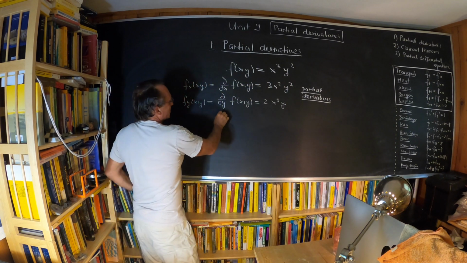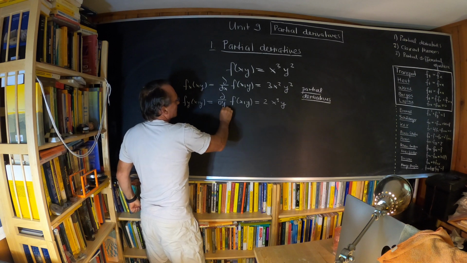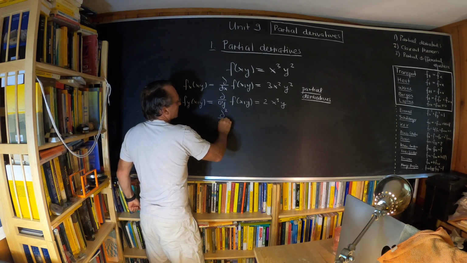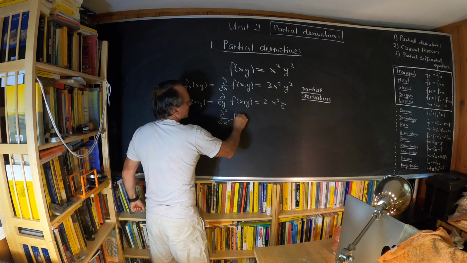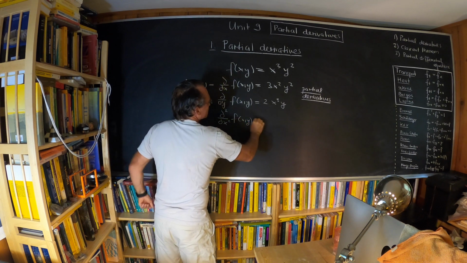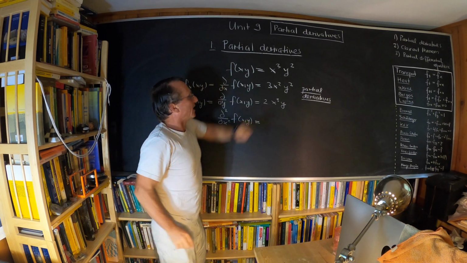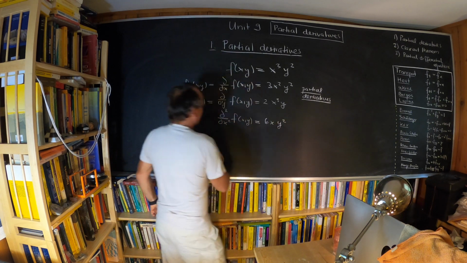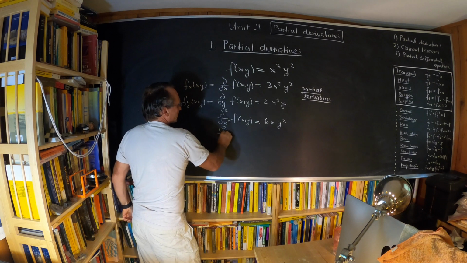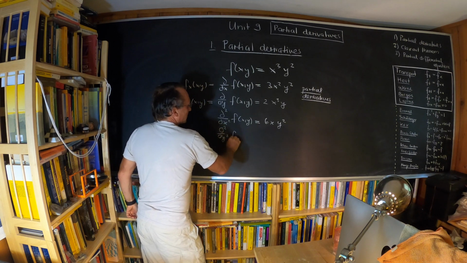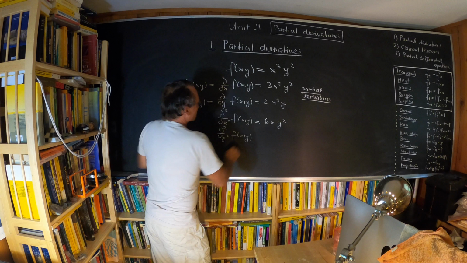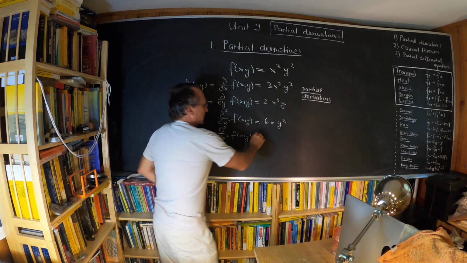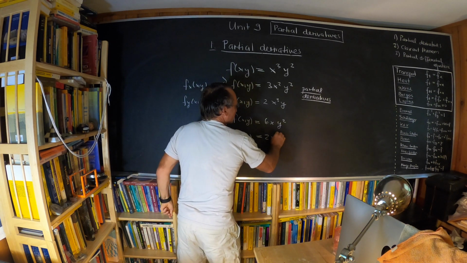We can differentiate twice. So if I take the second derivative, f_xx(x,y), so we take this function and we differentiate it again with respect to x, we get 6xy squared, or we can also differentiate twice with respect to y, f_yy(x,y). So we take here and we differentiate with respect to y, and we get 2x cubed.